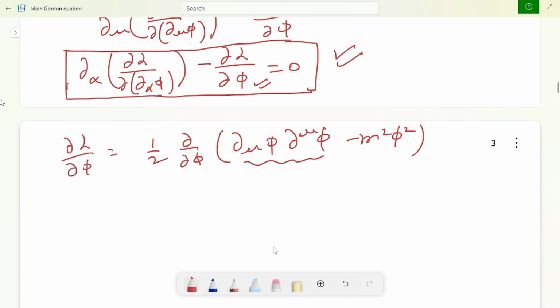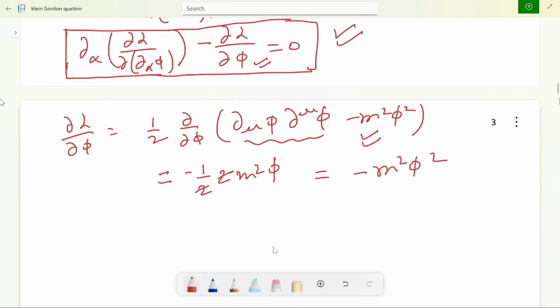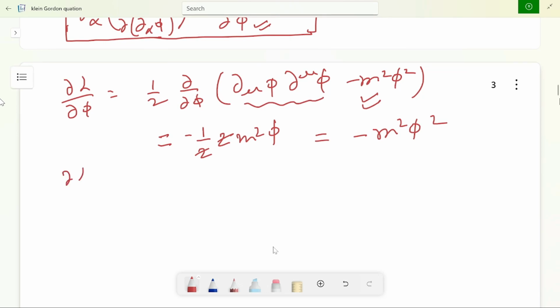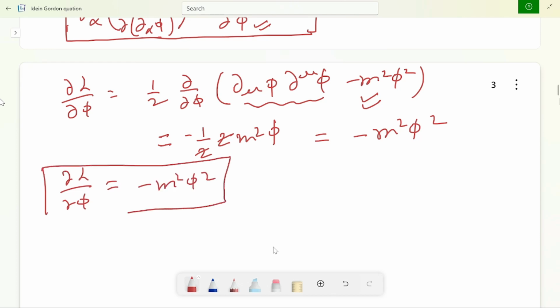So this part would be considered as a constant, and we are only concerned with the part minus m square phi square. So the derivative is ultimately going to be minus half, 2 times m square phi, and the 2 is going to cancel, which would just be minus m square phi. So we got our answer for the first part: dL by d phi is just going to be minus m square phi. We should write it down and term this as equation 1.